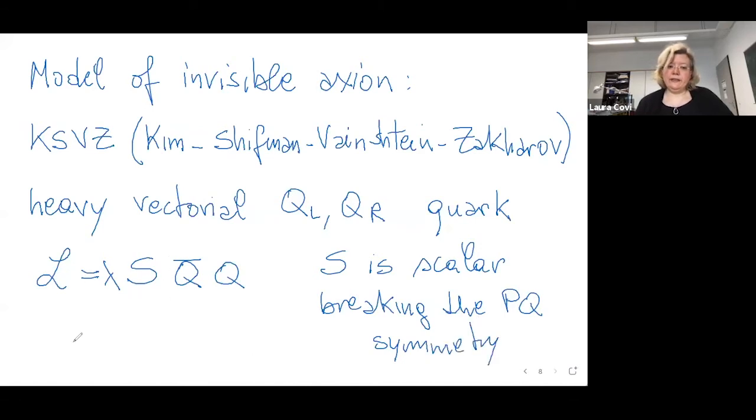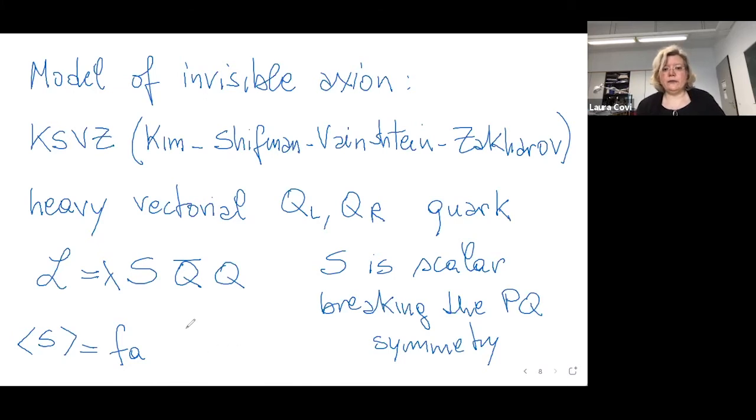So what you have here is that the vacuum expectation value of S becomes equal to FA, and of the degrees of freedom contained in S, you have a radial degree of freedom, but it's usually very massive. So you can also forget about it because it also gets a mass of order FA. What is important is that you have the angular degree of freedom. And of course, the angular degree of freedom is exactly the axion.